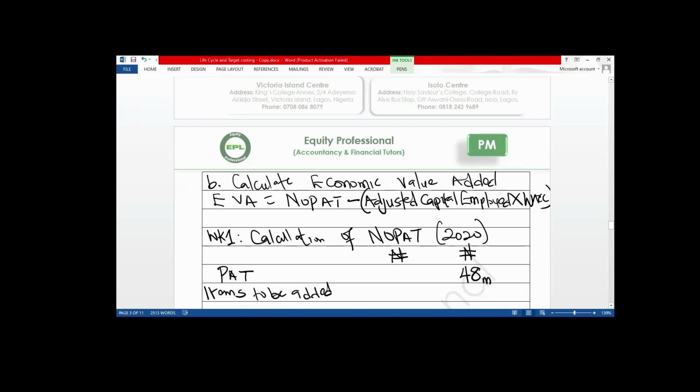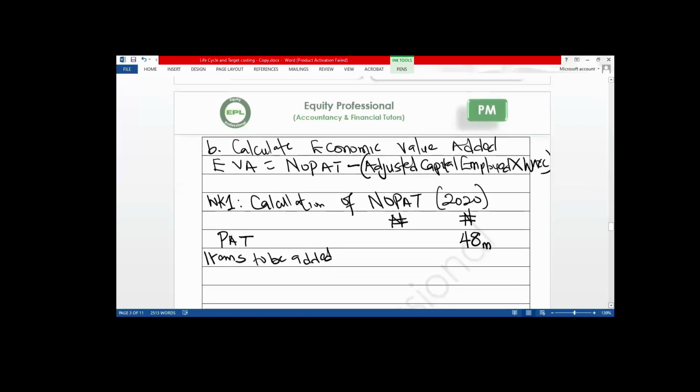One is accounting depreciation. Go to the additional notes. What is depreciation for 2020? 28 million. You are going to pick that figure. Also check, what is the provision for doubtful debt? 1.2 million. Pick that figure, please, and add back.